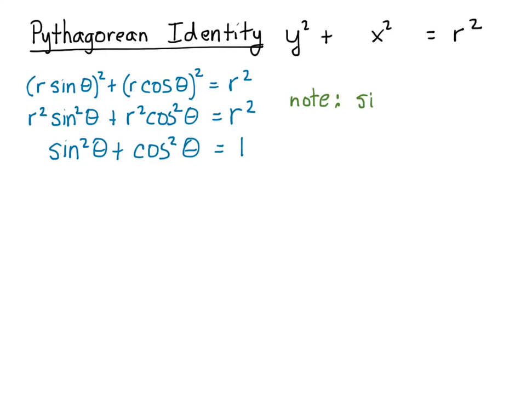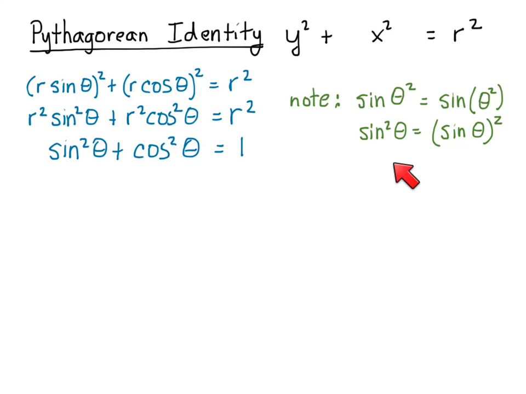Just a little side note. When you say sine squared theta, we're not really talking about squaring theta rather than squaring the sine. If we want the sine squared, we write the squared right after the sine, and what we really mean is take the sine of theta and then square the whole thing. This distinction is pretty important.